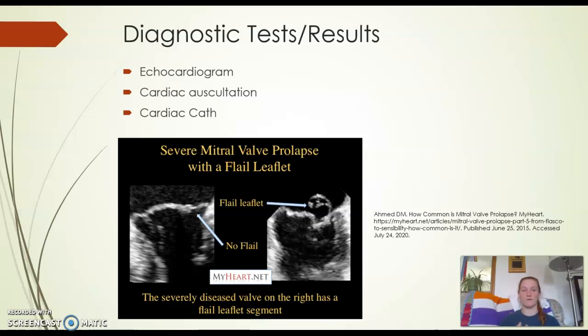So it's often found accidentally with a cardiac cath. And then something non-invasive that gives a clue to physicians that something might be going wrong with the valve is that you can hear the murmur on clinical auscultation, when they do a cardiac exam and they listen.